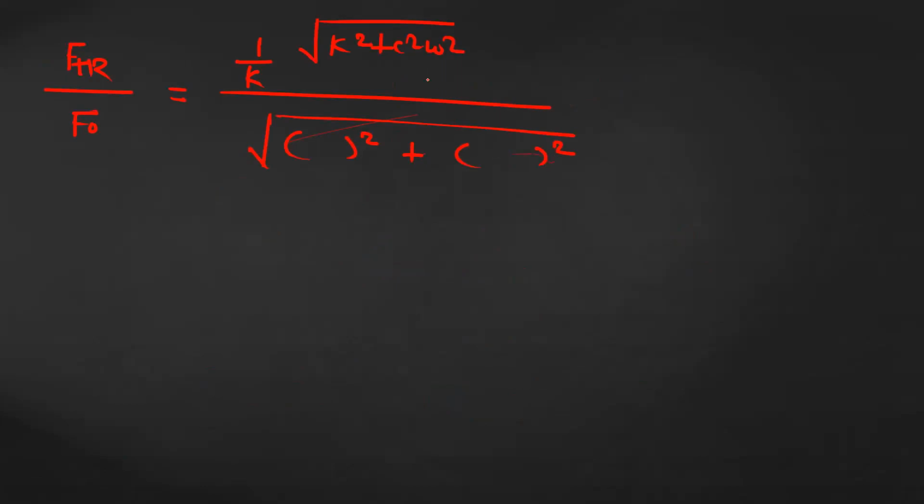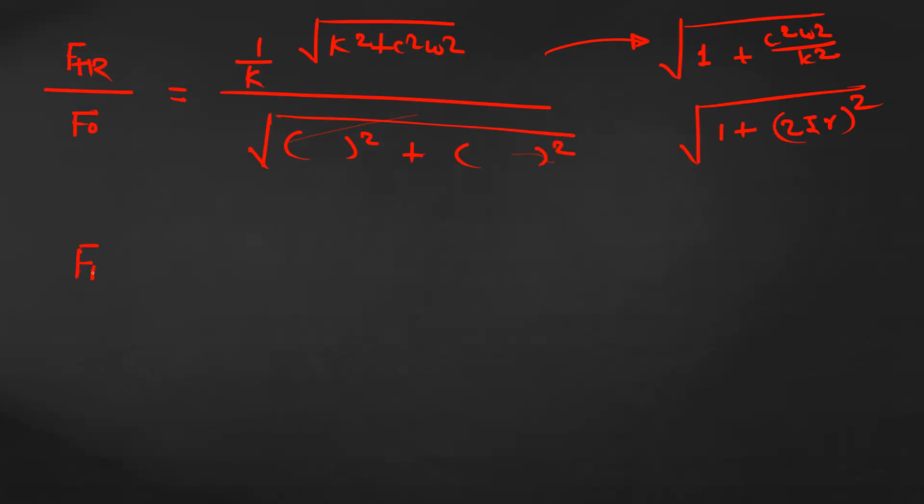If you divide by K inside this square root, it will become 1 upon K square. So K square upon K square is 1, plus C square omega square upon K square. This value C square omega square upon K square, if you simplify, becomes [2 zeta r] squared, where r is the frequency ratio.